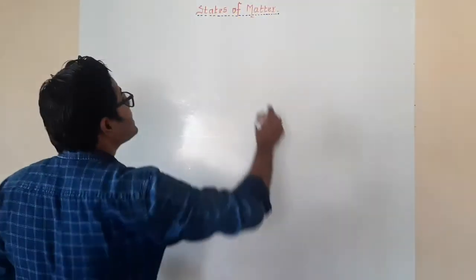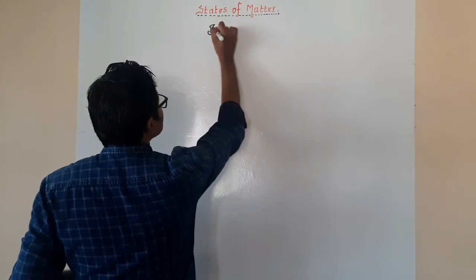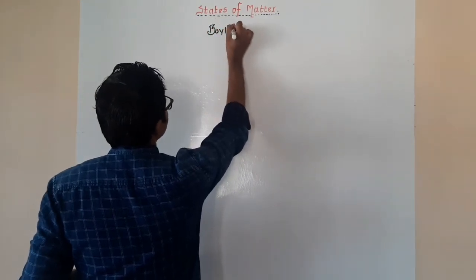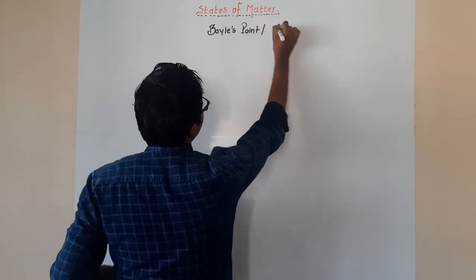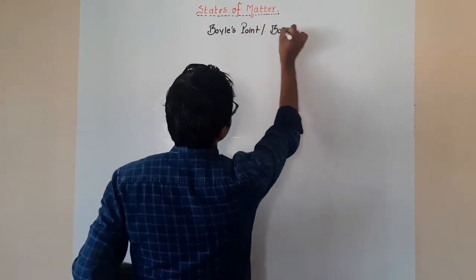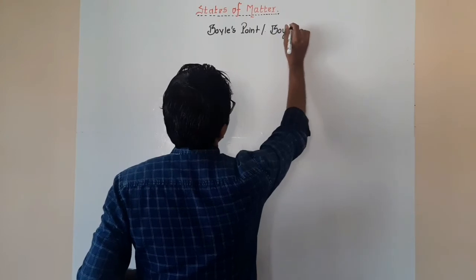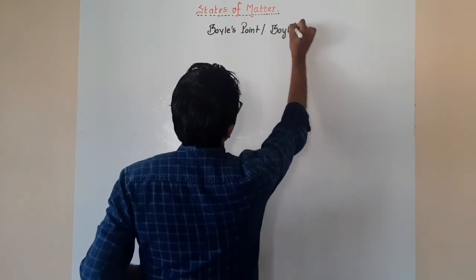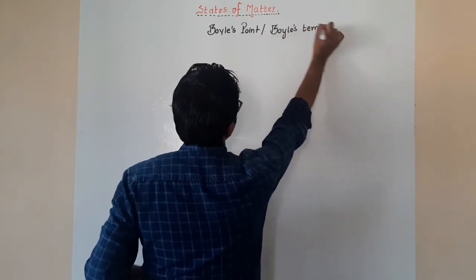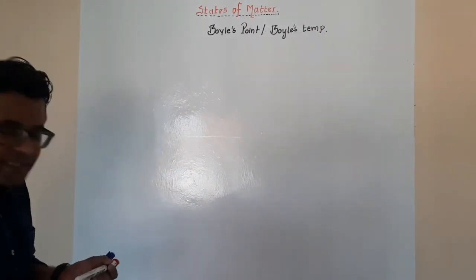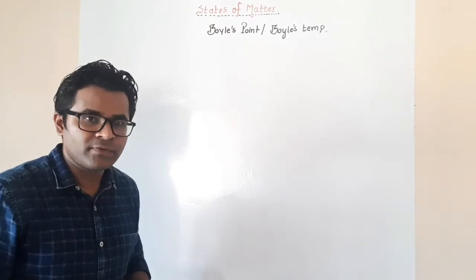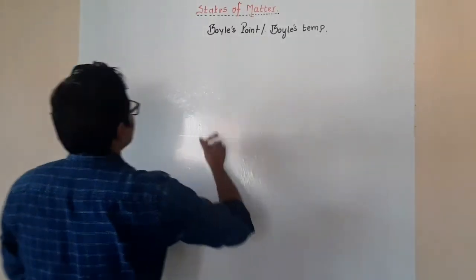Let us begin with the last concept for this video, and that is the Boyle's point, or what we also call the Boyle temperature. In order to understand this, let us plot a graph for nitrogen gas.